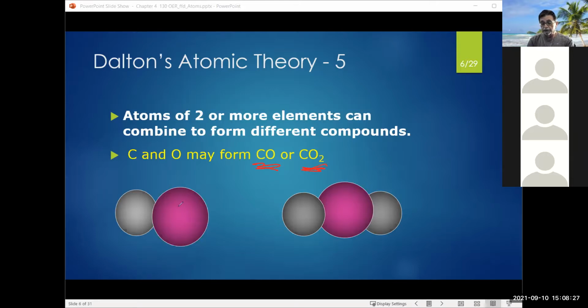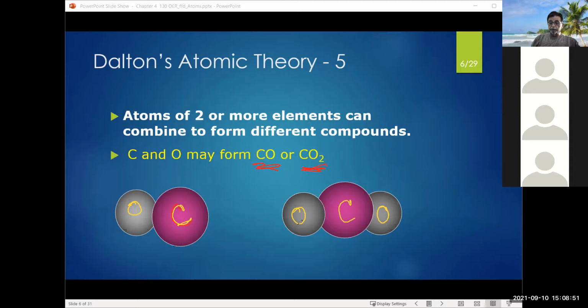So here, carbon is represented, let me change the color here, in yellow, that's carbon, and here's the oxygen. That's carbon monoxide. Here we have carbon again, and then bonded next to it are the oxygens. And so totally different species.